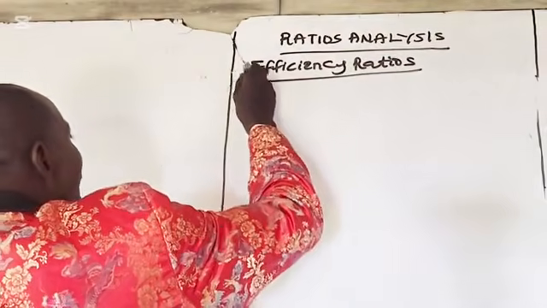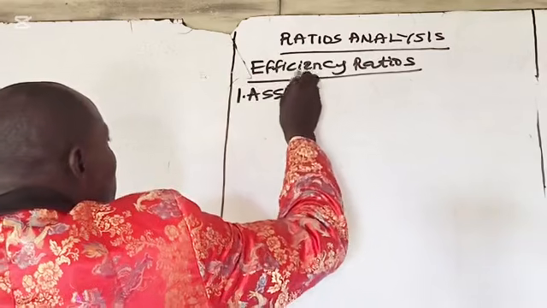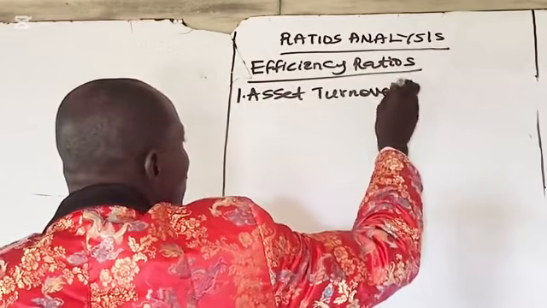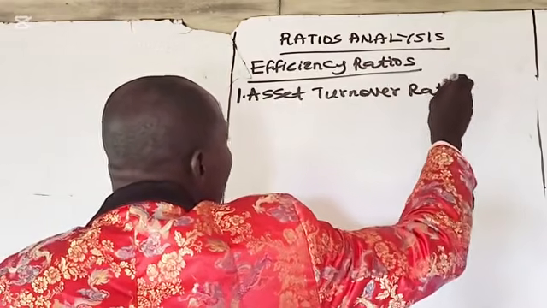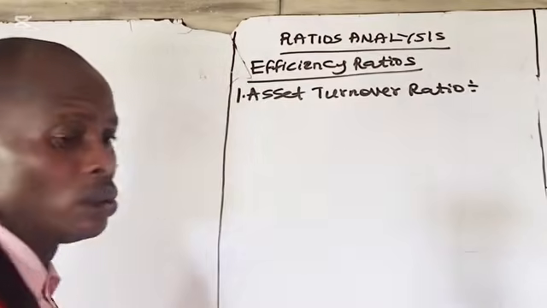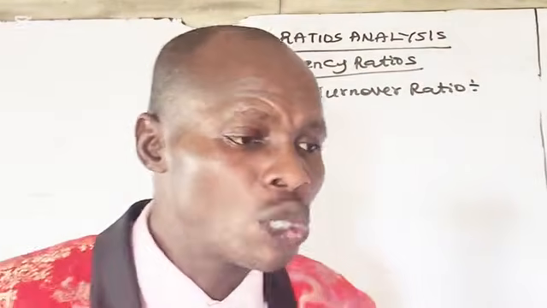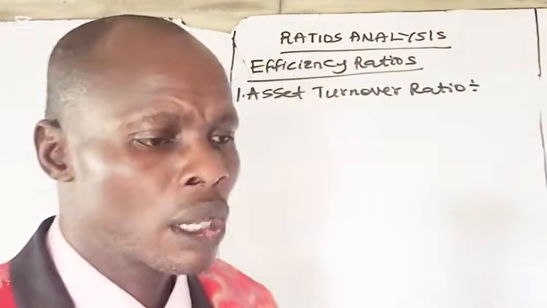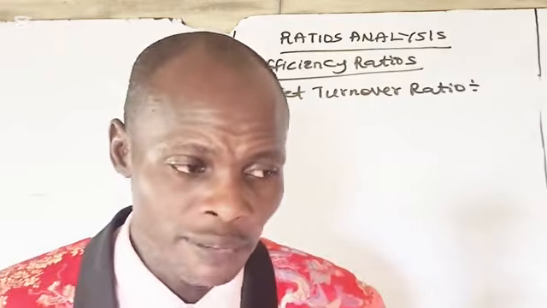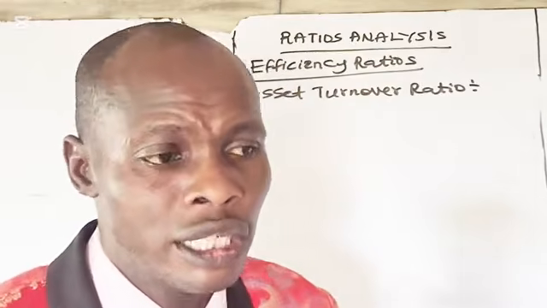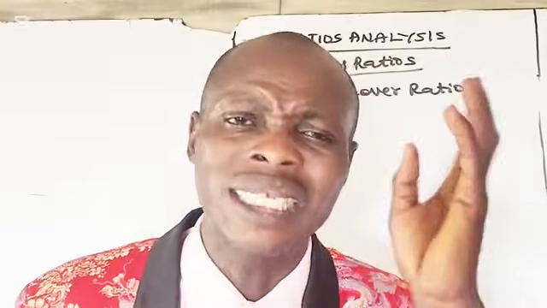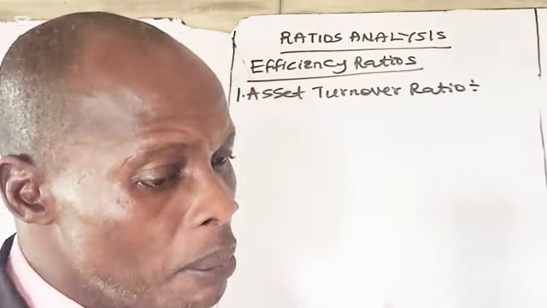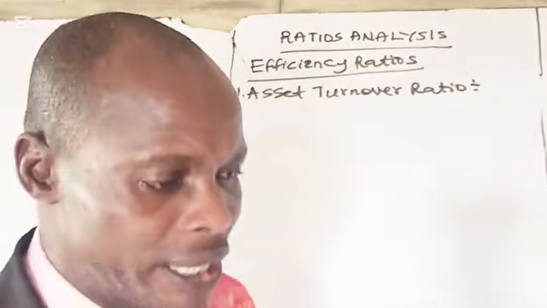Number one, asset turnover ratio. Asset turnover ratio measures a company's ability to generate sales from its assets.